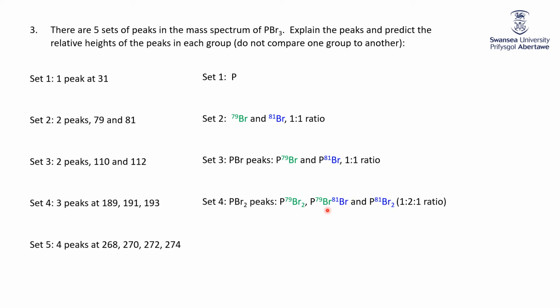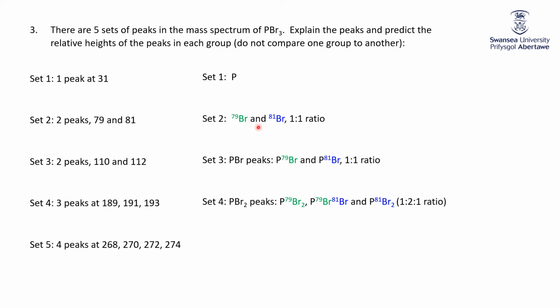For this one here, the first one can be 79, in which case the second one's 81, or the first one can be 81, in which case the second one is 79. So 2 possible ways to make this one, possible way to make each of those, sort of 1 to 2 to 1 ratio.